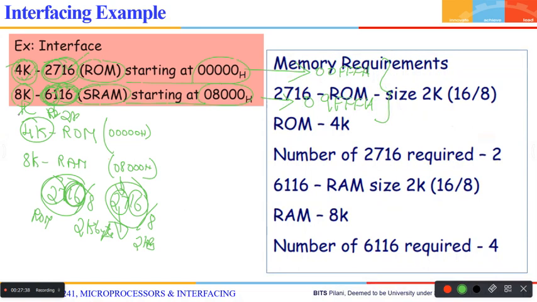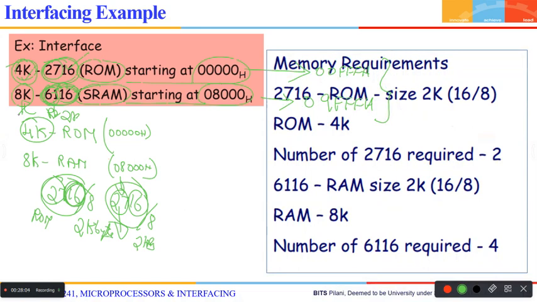Have you understood now? Memory requirement for ROM is 4K, and 2716 is 2K size, so the number of 2716 required is 2. Similarly, 6116 size is 2K, and the RAM requirement is 8K, so the number of 6116 required is 4.